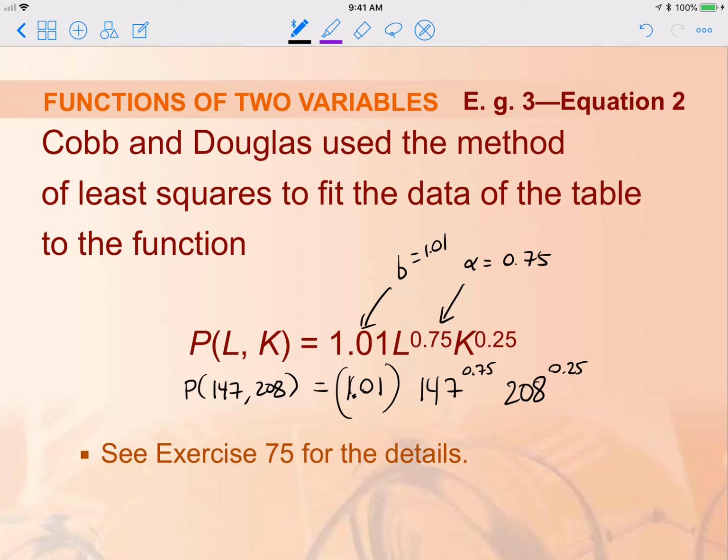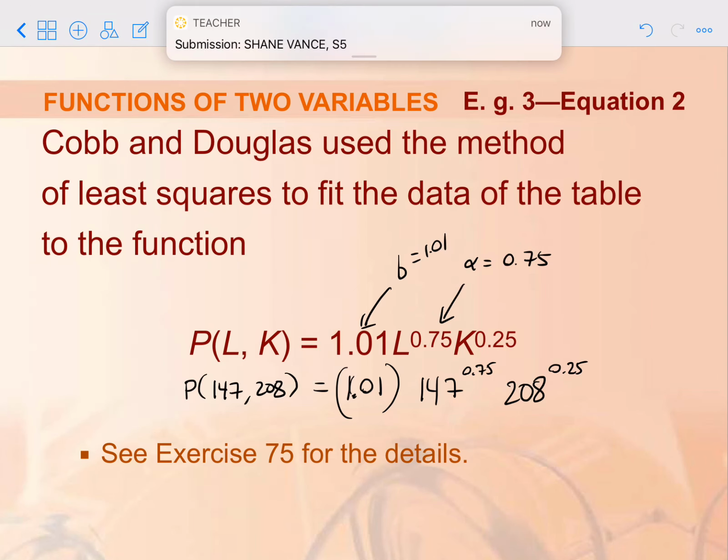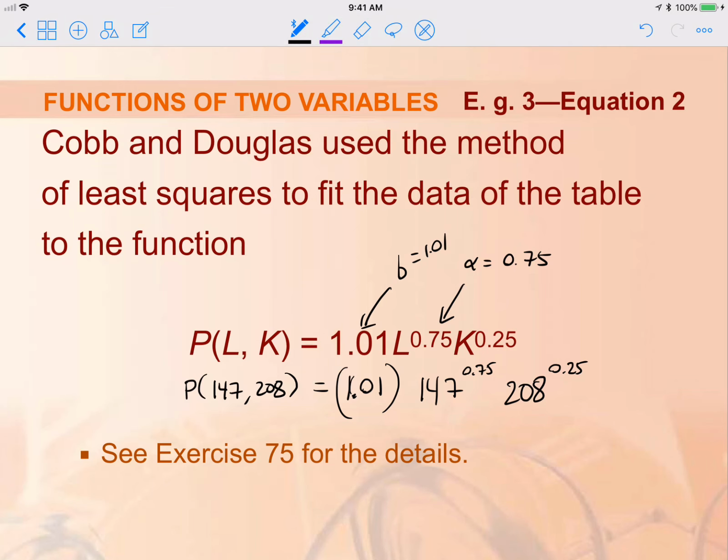Using my calculator, I get 1.01 times 147 to the 0.75, times 208 to the 0.25, and I got 161.929.